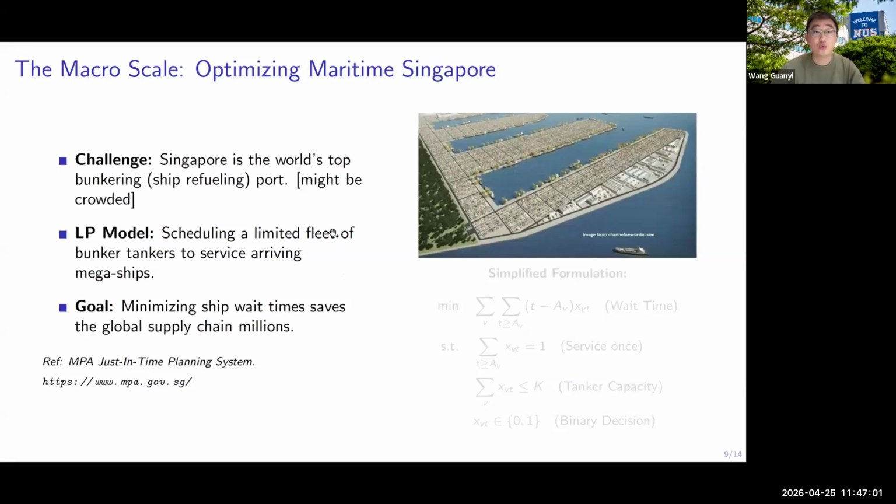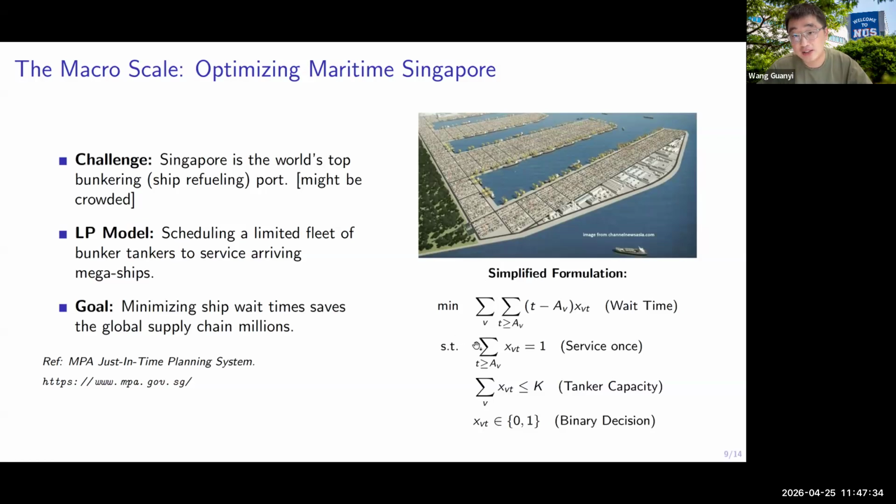So we need to schedule a limited fleet of bunker tankers to service the arriving mega ships. And our target, unlike the previous objectives that usually maximize efficiency or profit, is to minimize the ship waiting times.